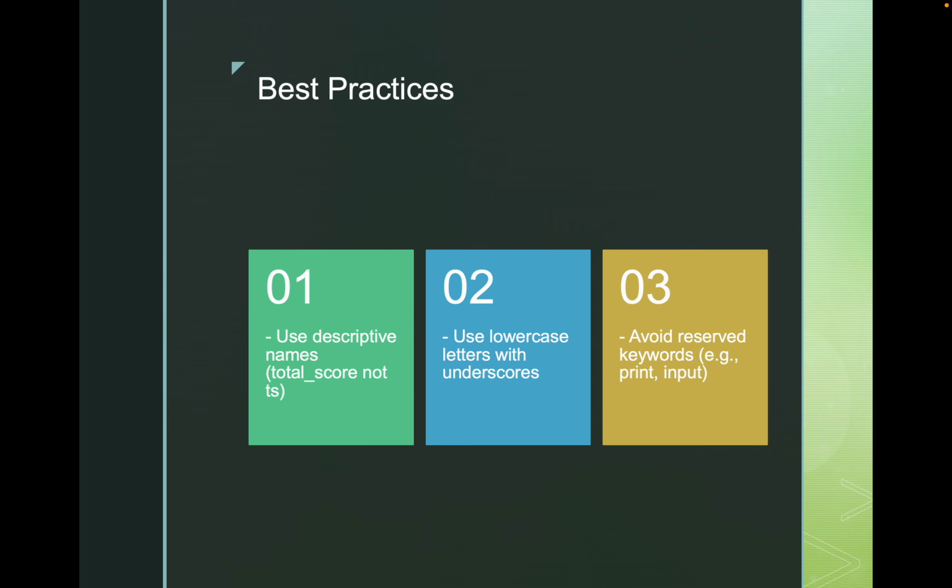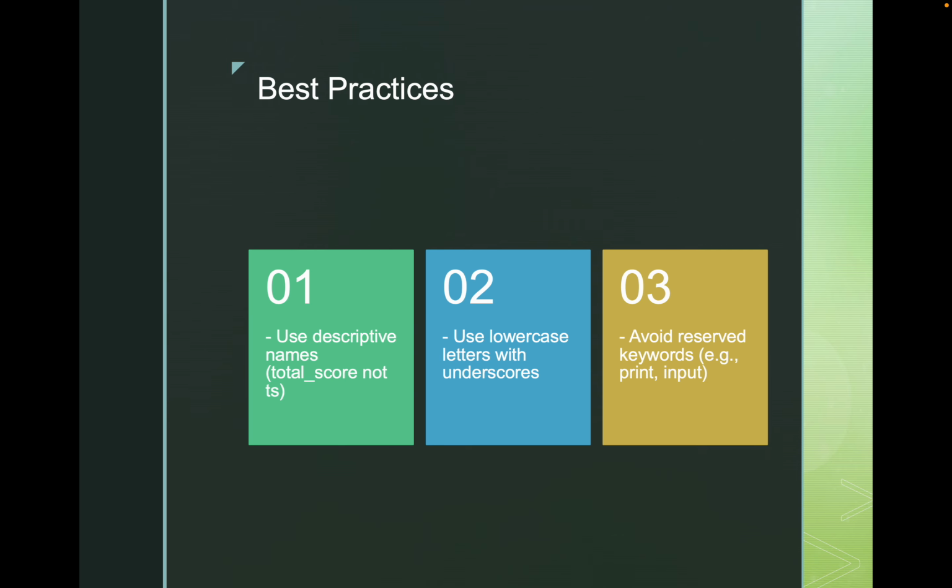Best practices. Following these best practices initially as a beginner will make it easier for you to move forward. One best practice is to use descriptive names that explain what the variable holds.